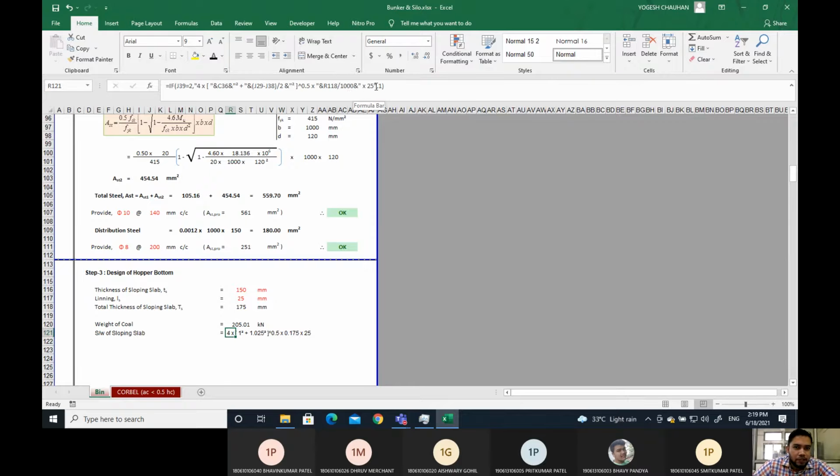Now if it is second case, then you have to do another formulation.